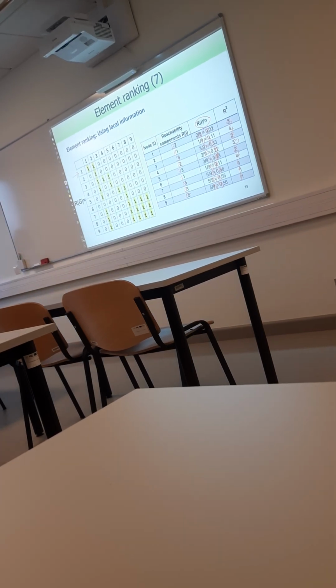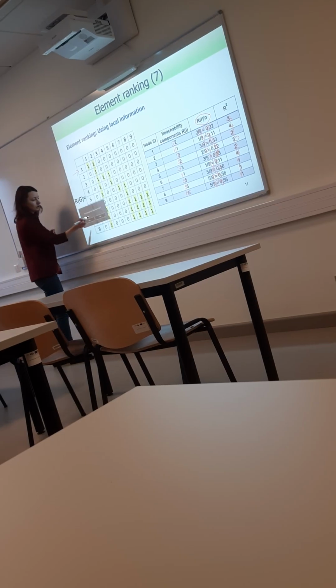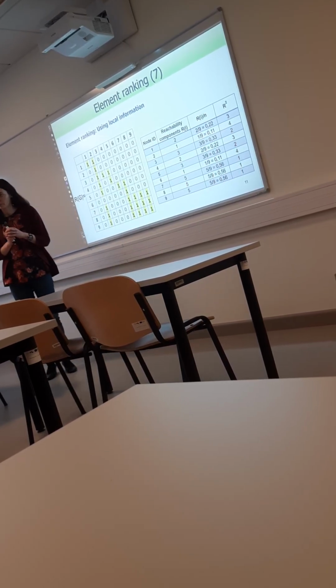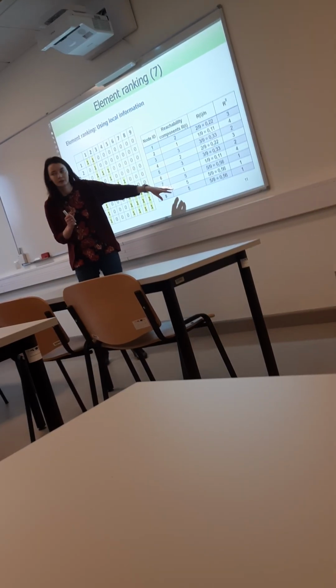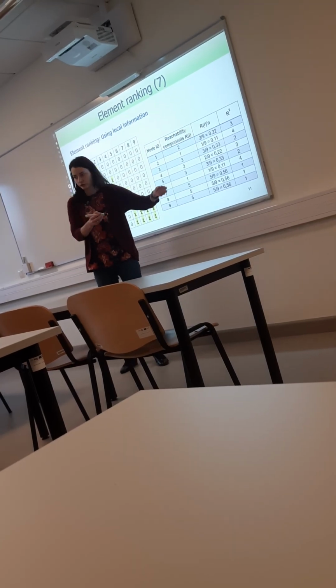So I will show it to you better. Now I will delete the screen. So it looks like this. Like I said, if you had thousands for the reachability components, in this way you would convert it to a scale from 0 to 1.